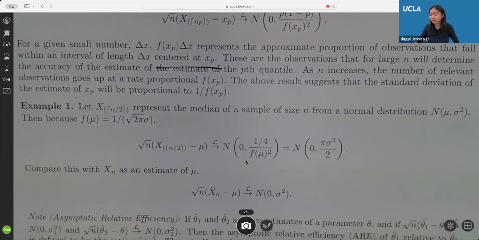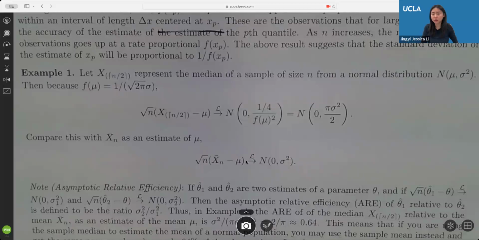But under this model, if your sample is indeed from this normal distribution, then the median is less efficient than the sample mean, because you can see that pi over 2 is greater than 1, right? So using the sample mean to estimate mu, you have a smaller asymptotic variance.